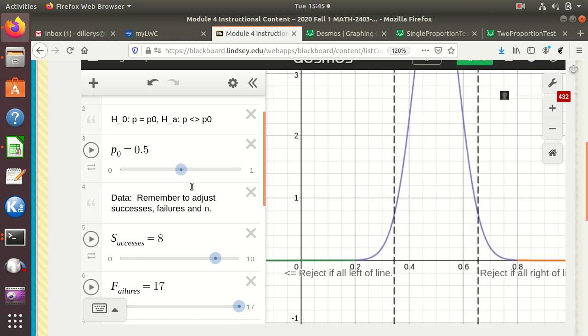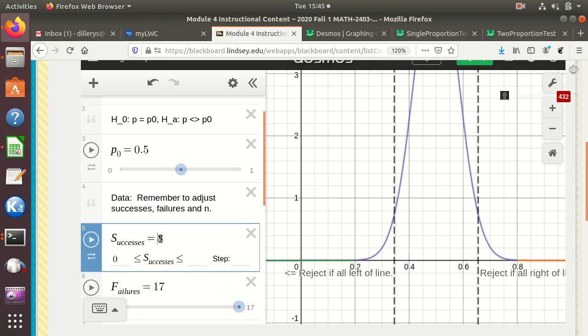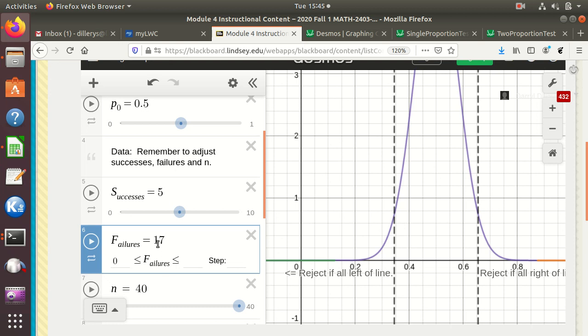okay, so I can put in 0.5, and then number of successes is, what was it, 5. And number of failures, I could use a slider, but it's probably just quicker to type in the numbers. 8. Oh, wait, no, number of failures, sorry.